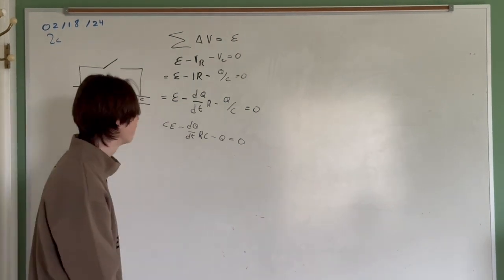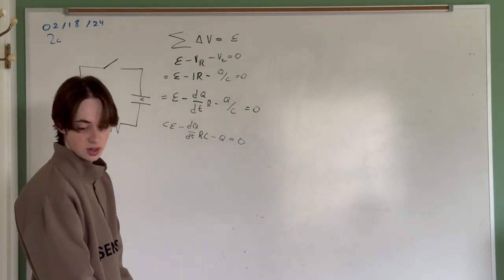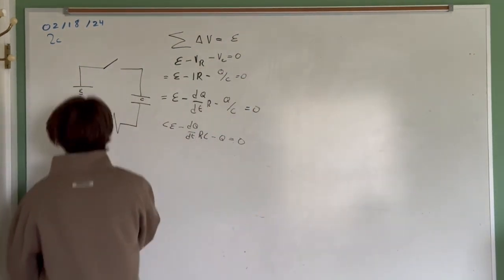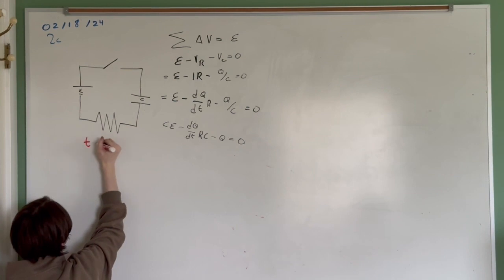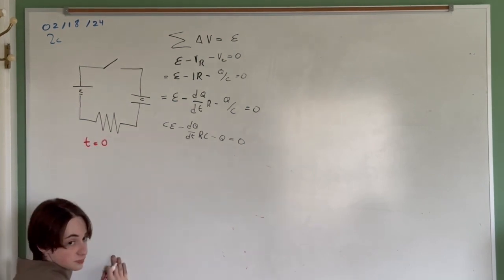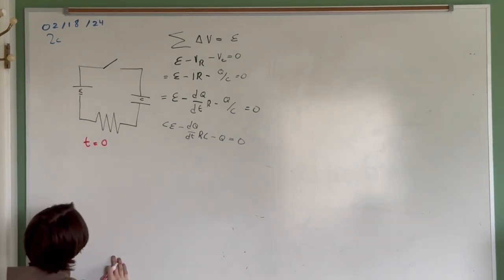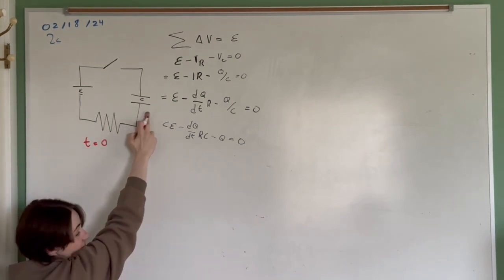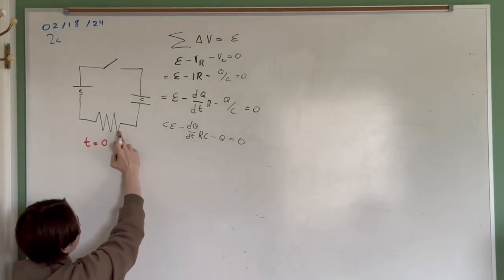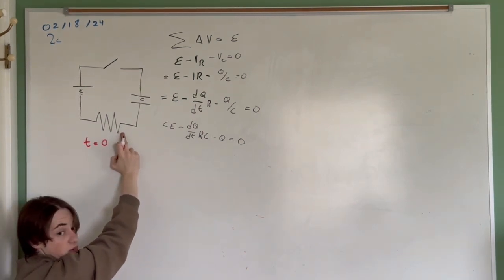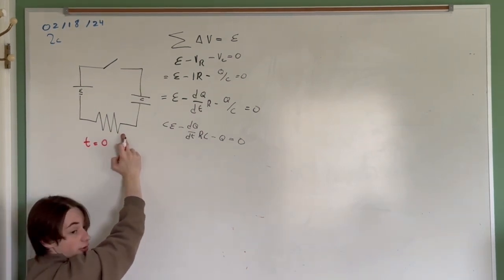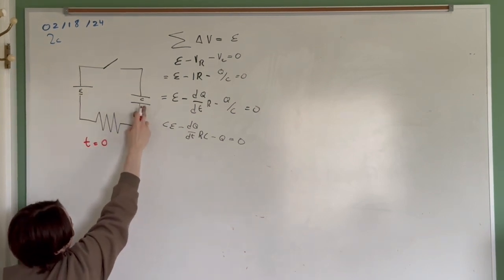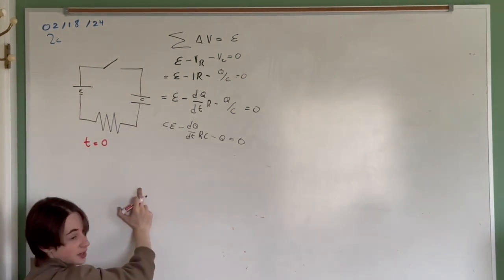Let's inspect the initial and final properties of this circuit. At t equals 0, right after the switch is closed, the capacitor is going to be empty, and the current is going to be as high as possible because there's no counter EMF from the capacitor.